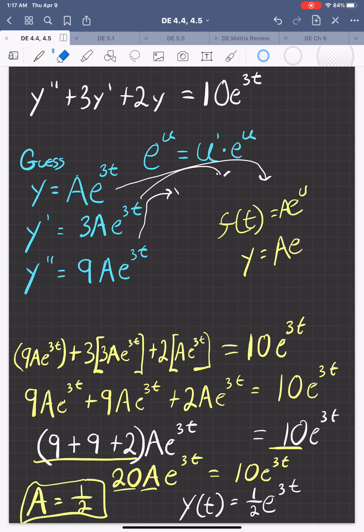I won't write A 2 times that way, so let me rewrite it this way. So if f of t takes on the form of, I'm going to use a different letter, so b e to the 3t, then you should probably be thinking of a y that is also of the form a e to the 3t. Okay, I hope that makes sense.